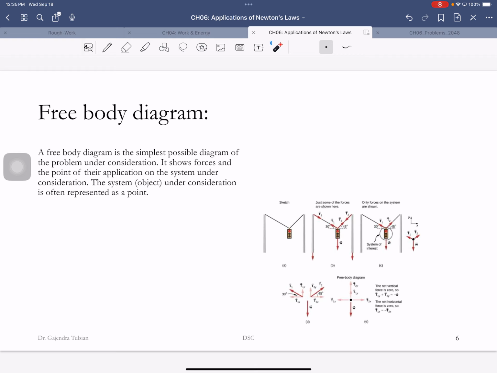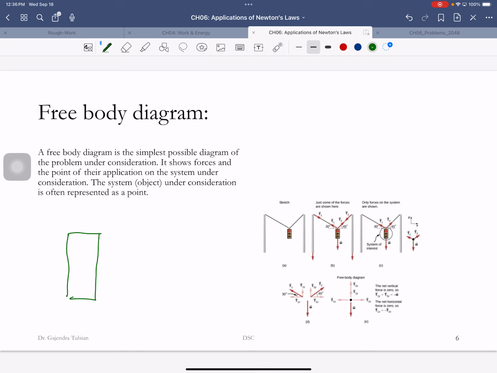Before I explain this diagram, I want to make sure that we understand the following simplification. Let's say here's an object. This is an extended object, a large object, a real world object.